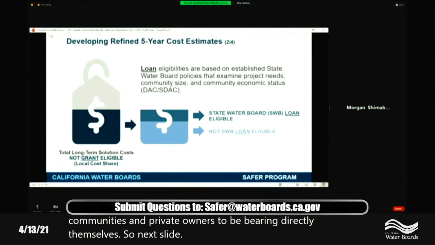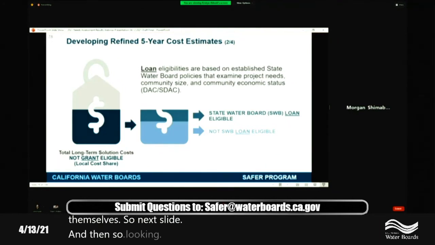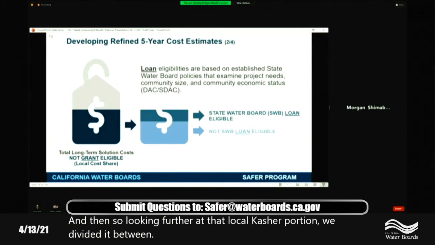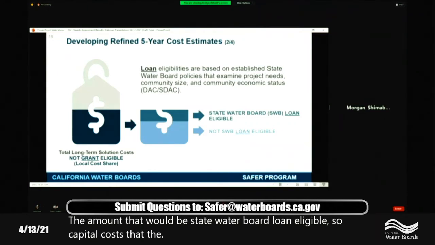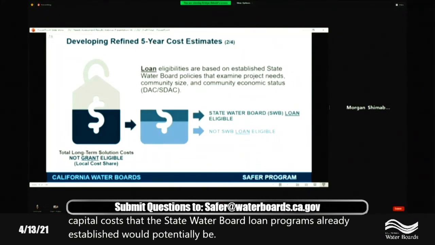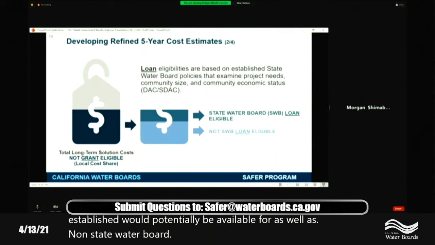And then, looking further at that local cost share portion, we divided it between the amount that would be State Water Board loan eligible, so capital costs that the State Water Board loan programs already established would potentially be available for, as well as non-State Water Board loan eligible costs. And then next.